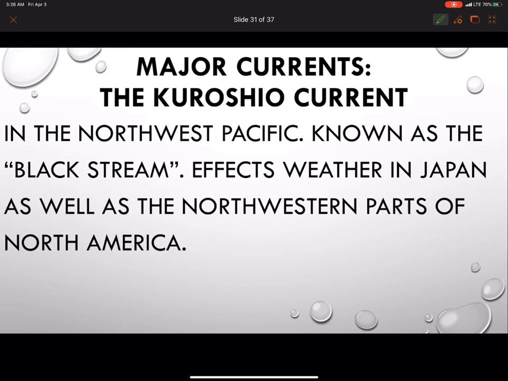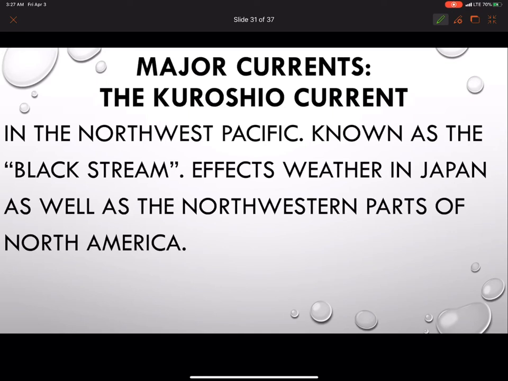You say, Pastor, why didn't they just call it the Blue Stream? I don't know. I guess it didn't sound too menacing. The Black Stream sounds more wicked. Anyway, this stream affects weather in most of the four major islands of Japan, as well as the northwestern parts of North America.